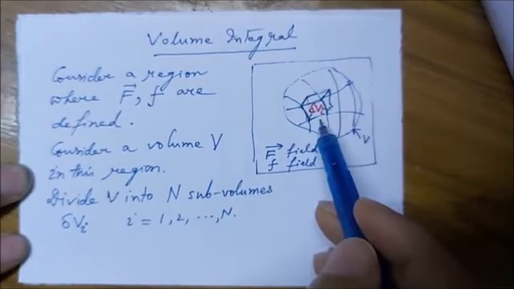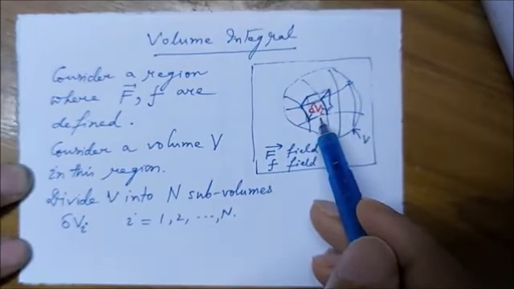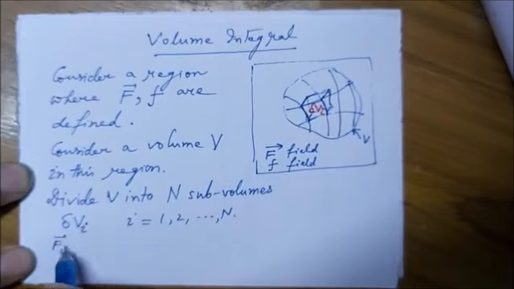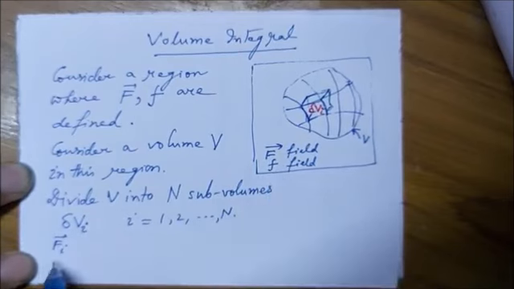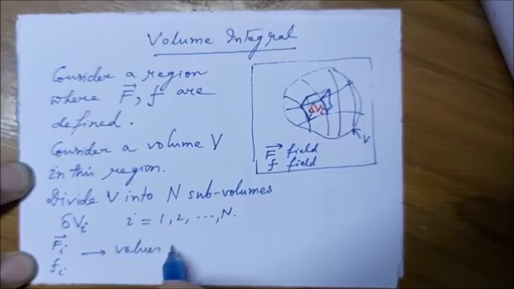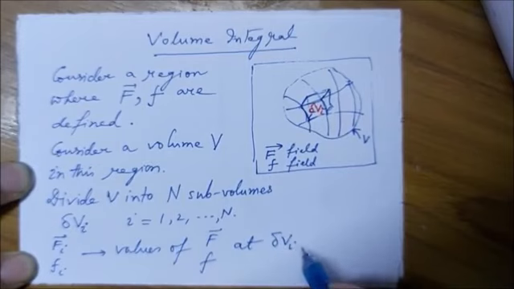At the location of this ith subvolume, that is at the location of delta Vi, let the value of vector f be vector Fi, and the value of the scalar field f be Fi. So these are the values of vector F and scalar F at the location of delta Vi.